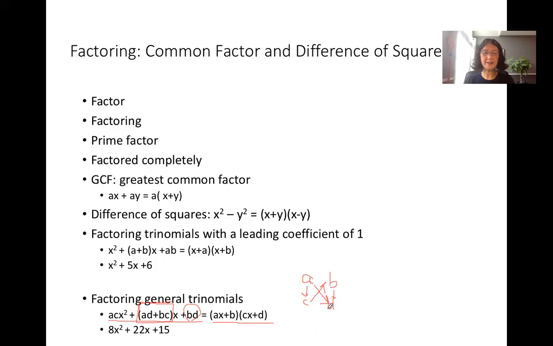Once you recognize these characteristics, let's do this problem. You are required to factor this trinomial. How do you factor it? You need to identify A, B, C, D. To start, maybe you can try 8 as the result of A multiplied by C. Which two numbers multiplied together equal 8?